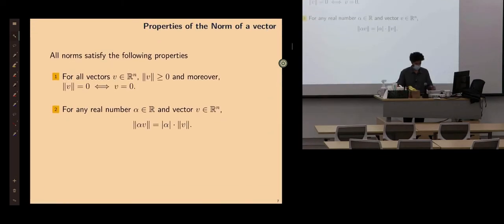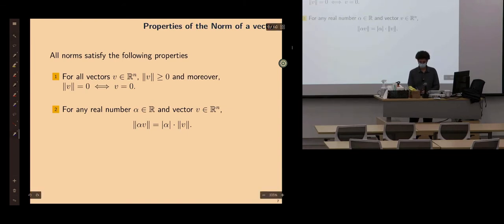So the second property, let's check the chat, all right, we have some answers. The second property is saying that if you have a real number alpha, and you multiply your vector by alpha and then take the norm, you can take the absolute value of that alpha out of the norm.